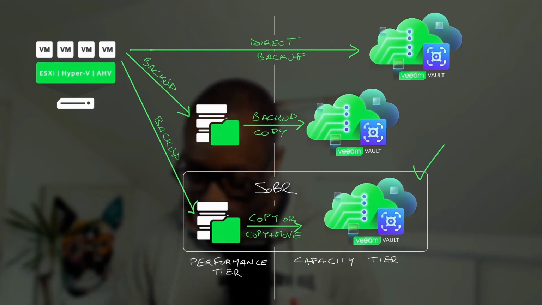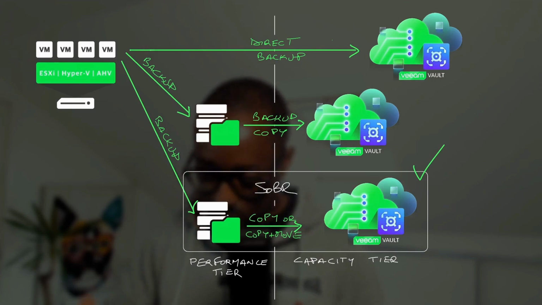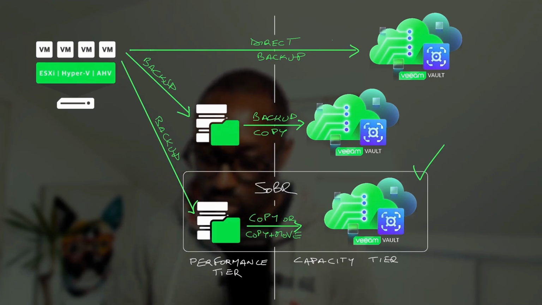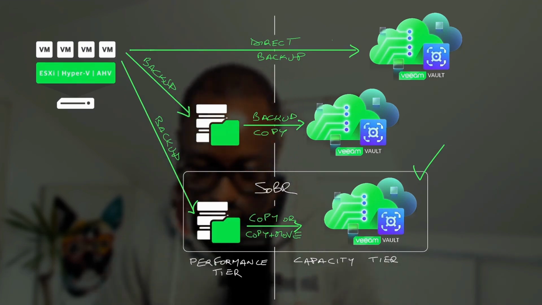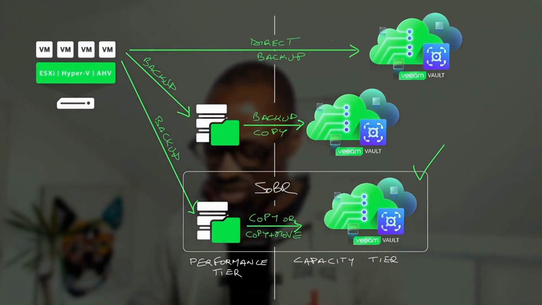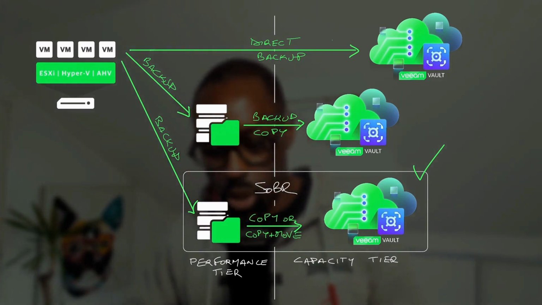And the third scenario, which is really the one we recommend, the one I personally prefer, at least in terms of simplicity and efficiency, is where we integrate the Vault into a somewhat special repository called the Scale-Out Backup repository. The Scale-Out Backup repository should be seen as a logical repository. It's a logical entity.